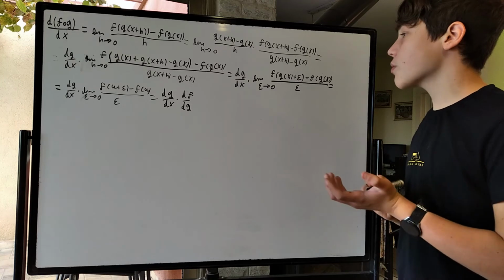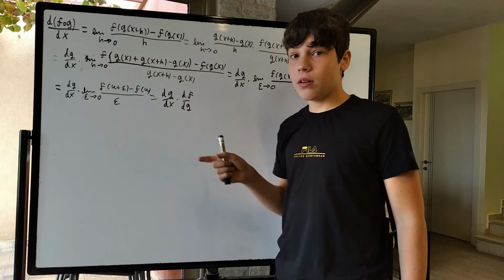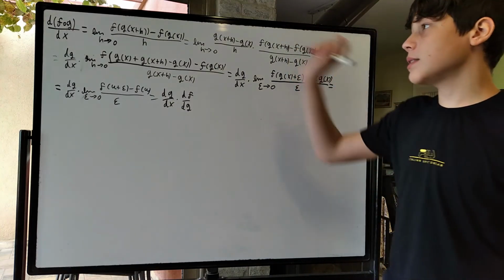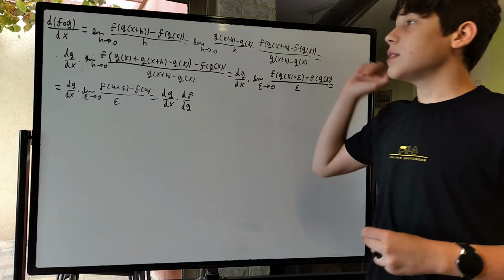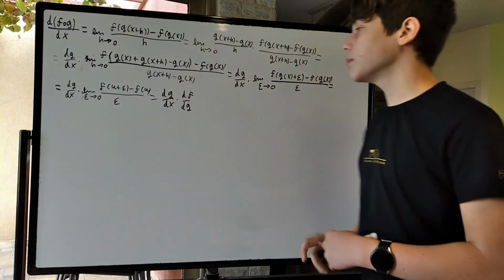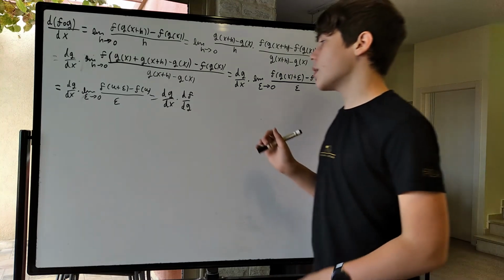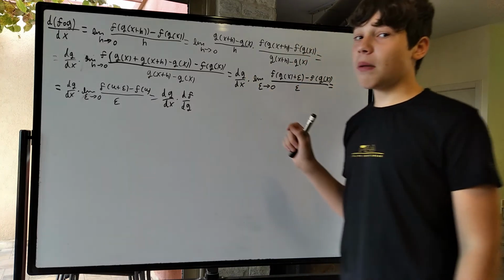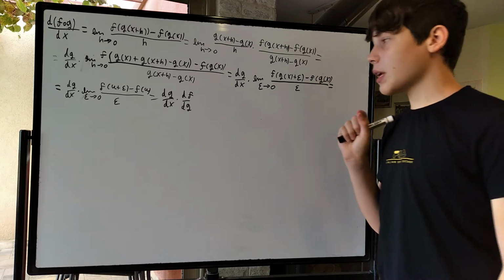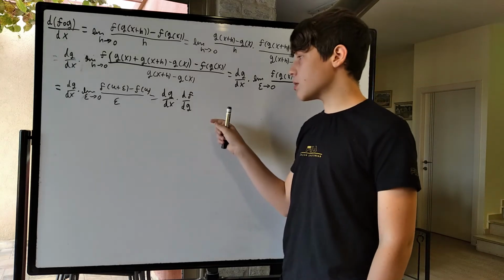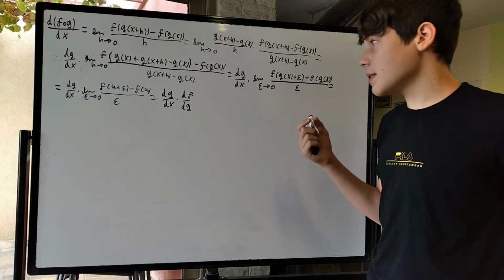They're both the same function with respect to x, meaning that we got d of f inscribed in g, of d of g inscribed in f. All it is, is the derivative of g with respect to x multiplied by the derivative of f with respect to g.